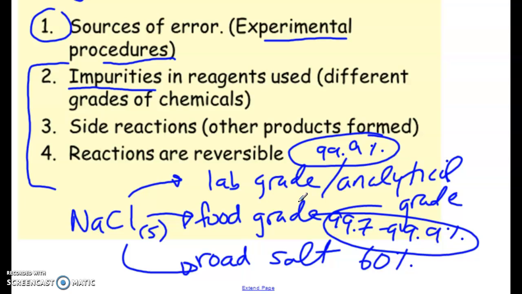If there's a manufacturing process, as long as there's a speck of dust that gets into the container, they cannot claim 100%. So you'll never see a 100% pure substance, even at the analytical grade, simply because they cannot guarantee that product. No matter what, there's going to be some amount of impurities.